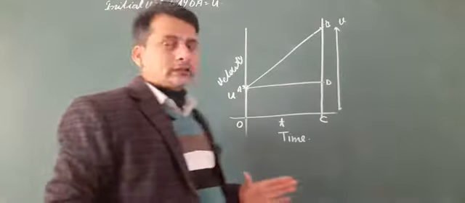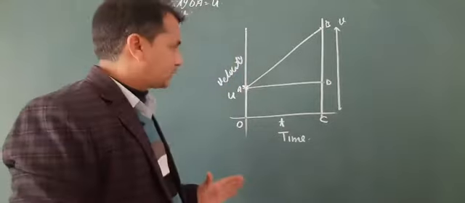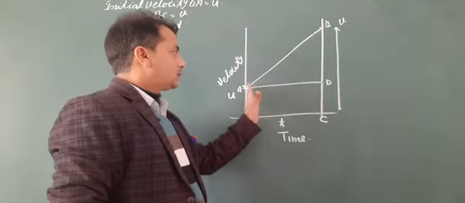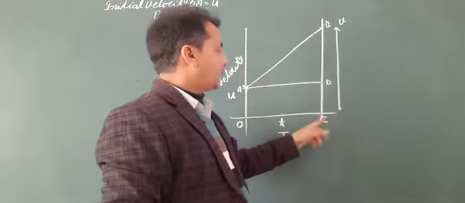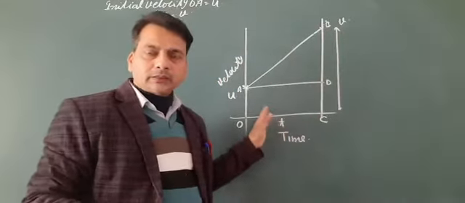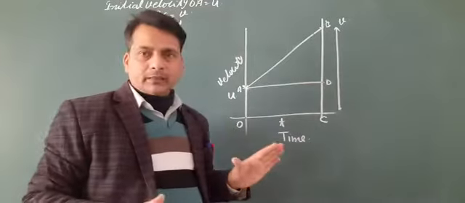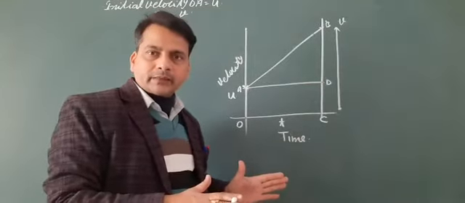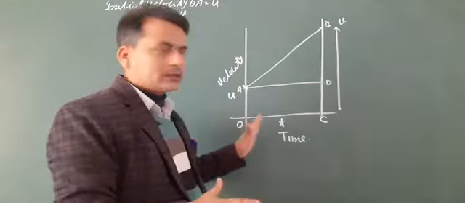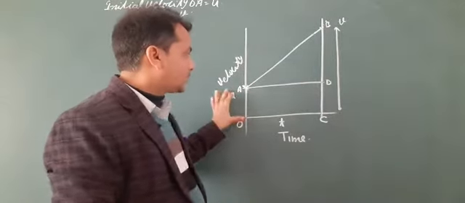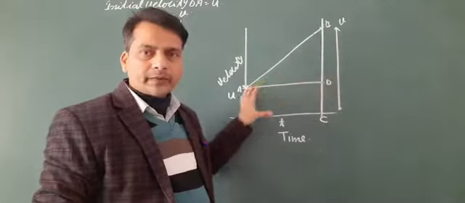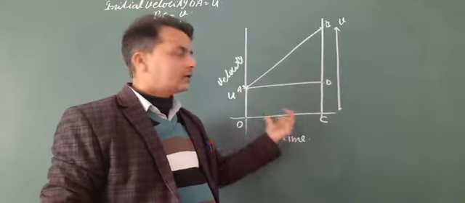So for the distance traveled by the object, it is clear that OABC is a quadrilateral, and this quadrilateral is known as a trapezium. Trapezium means one pair of sides is parallel and the other pair is non-parallel.